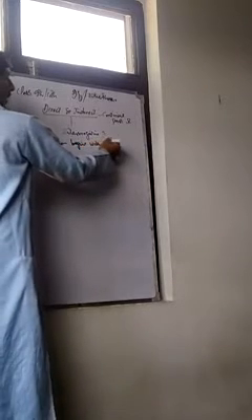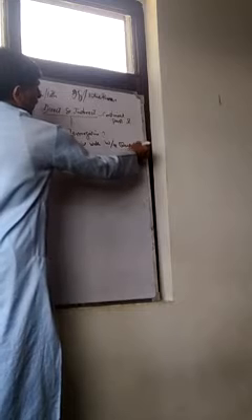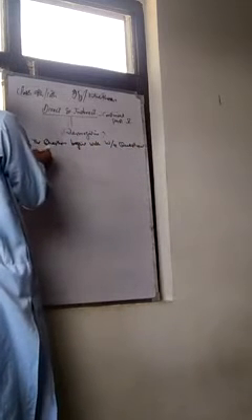Dear students, there is one more rule that I am going to take today. In an interrogative sentence, there is a second rule: if the question begins with WH questions in reported speech.